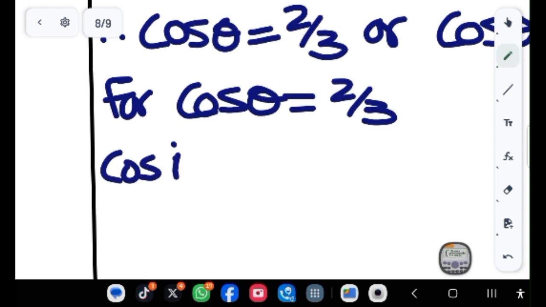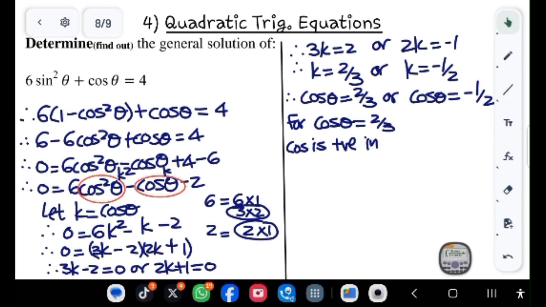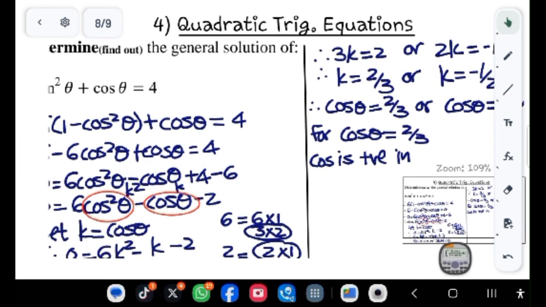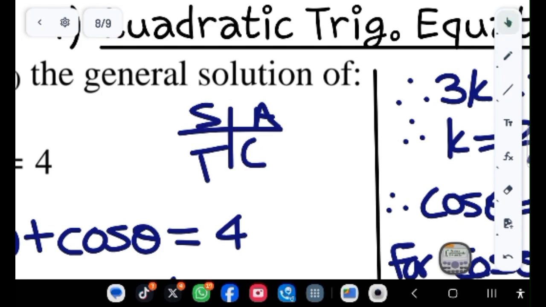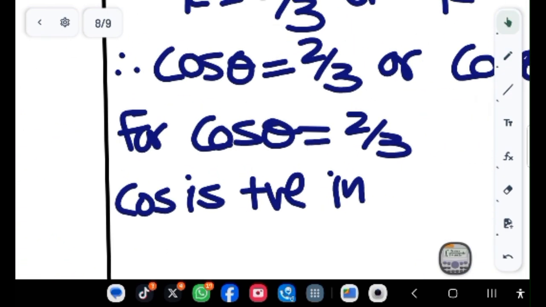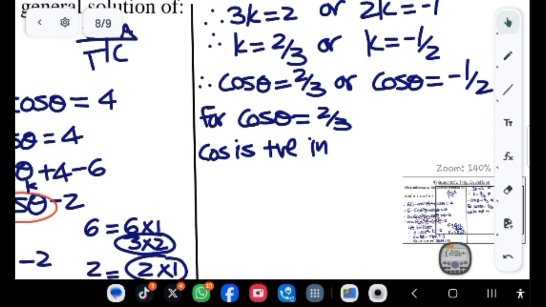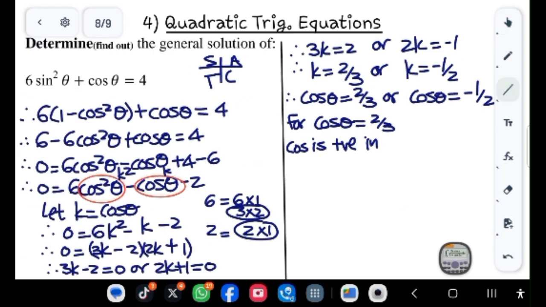Cos is positive in quadrant. Where is cos positive? Here is the cos diagram. Cos is positive in quadrant 1 and 4. So cos is positive in quadrant 1 and 4. Let's draw a small line.